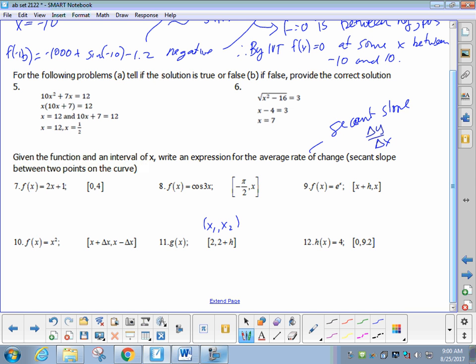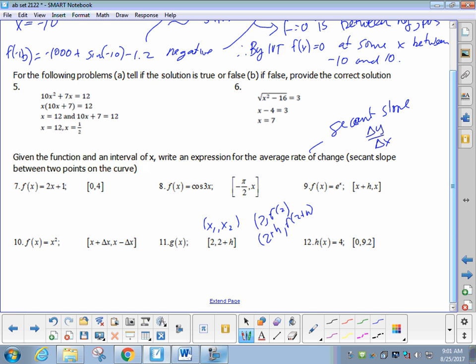That's an interval of x. You with me? Okay. So that said, the points you could say are 2, f at 2, and 2 plus h, f at 2 plus h, that we're using for our slope calculation. And I apologize. Maybe I should have used inequalities for this to make the problem clearer. Sorry about that.